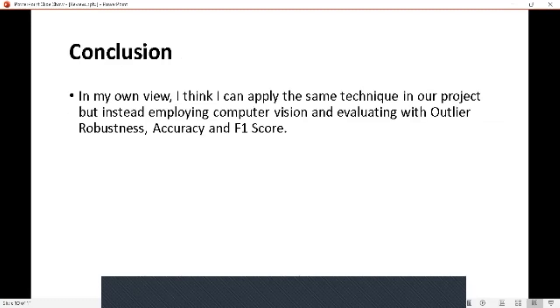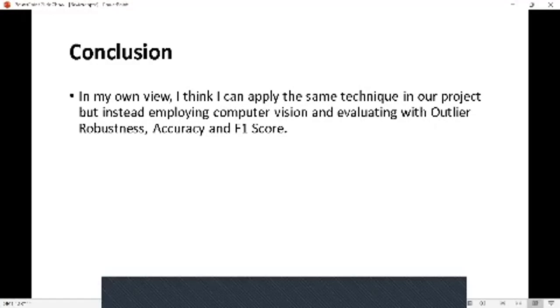In conclusion, in my own view, I think this can be helpful in the project we are trying to do, since they all help in the identification of medicinal plants. So therefore, we are going to apply, although we shall use computer vision, some of the features or the models that this researcher has pointed out.